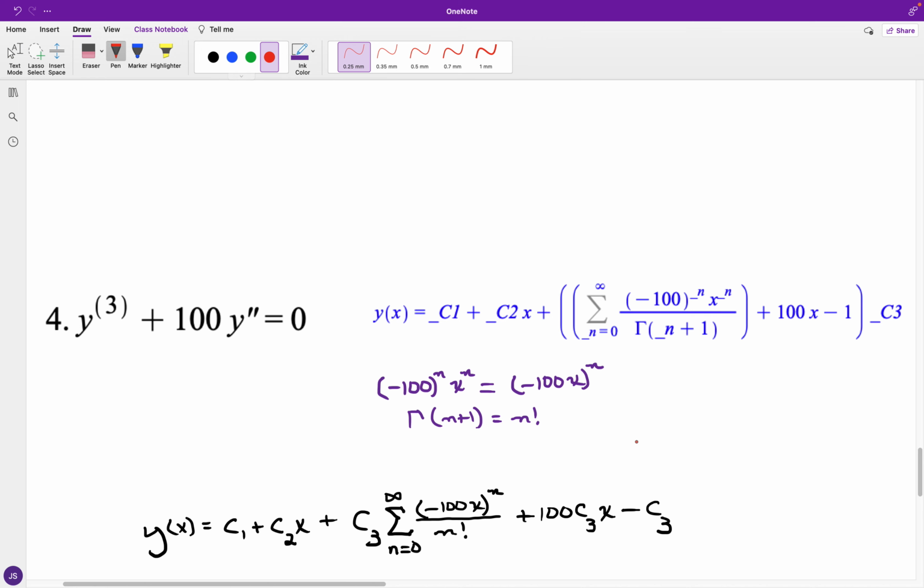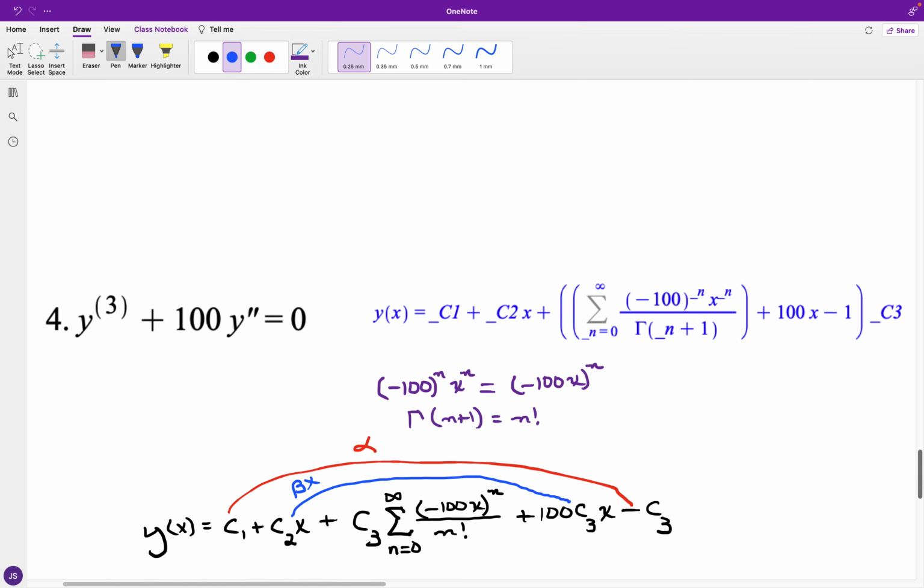And I just want to mention, notice the standalone constants. We have c sub 1 minus c sub 3. We can combine those and say we have alpha. And for what we have in the case of our x terms, so we have c sub 2x plus 100 c sub 3x. And I can just consolidate this as beta times x.